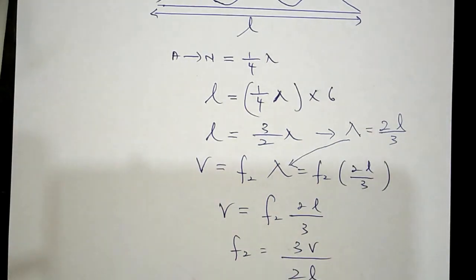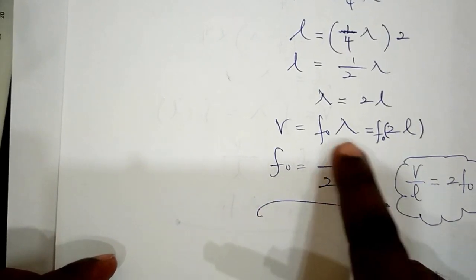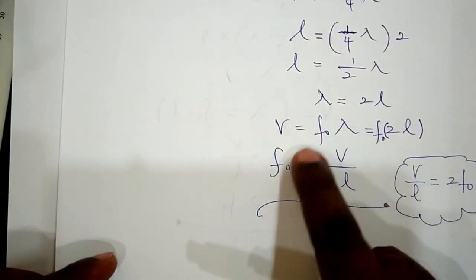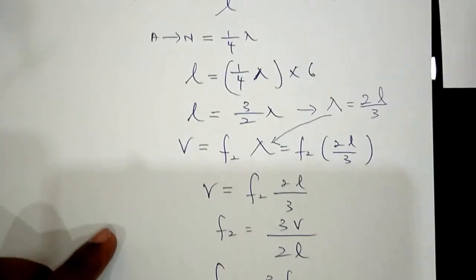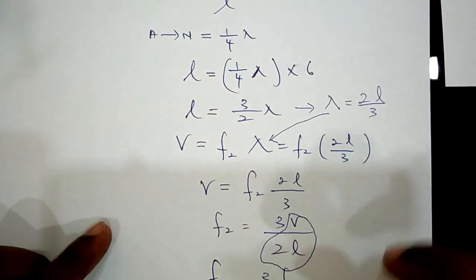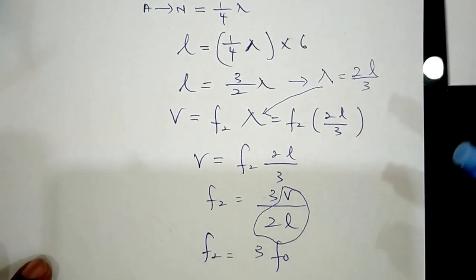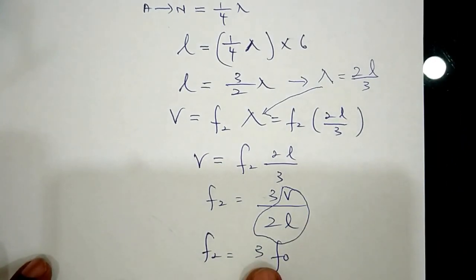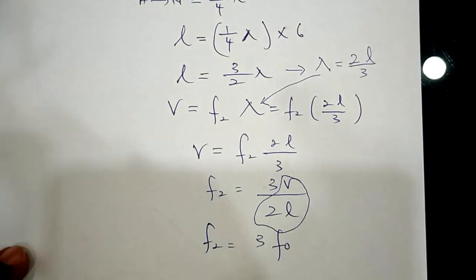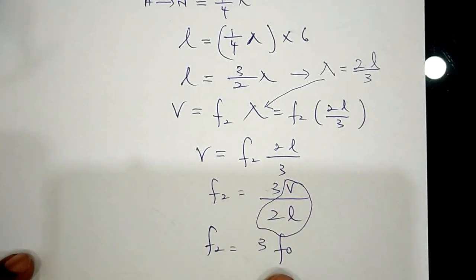And the fundamental frequency here, f0 equals v over 2L. So v over 2L is f0. So f2 equals 3 f0. So the second overtone in terms of the fundamental frequency equals 3 f0.